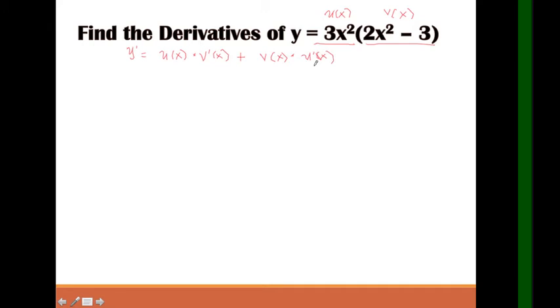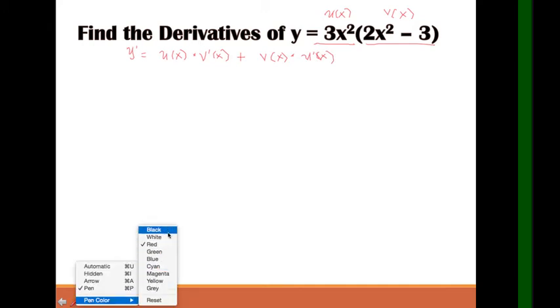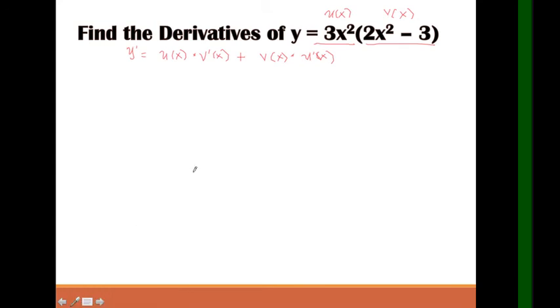So, yan yung parang peg natin na gagayahin natin for solving this particular example. So, we have the u of x, which is 3x squared. Multiply natin siya doon sa derivative ni v of x. And the derivative of v of x is equal to 4x, tama? 4x.